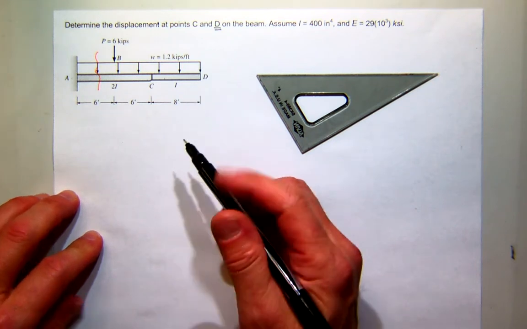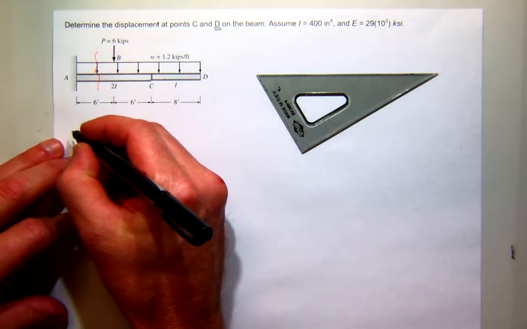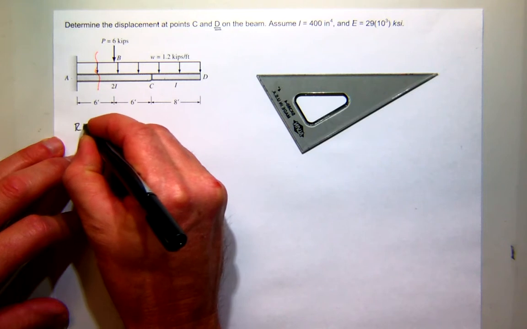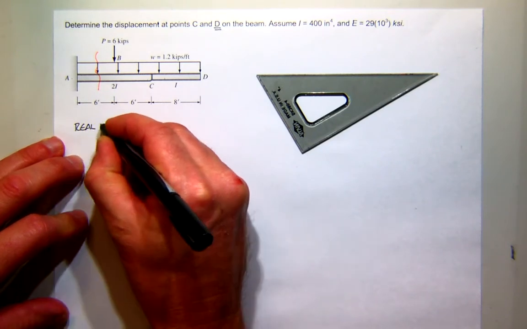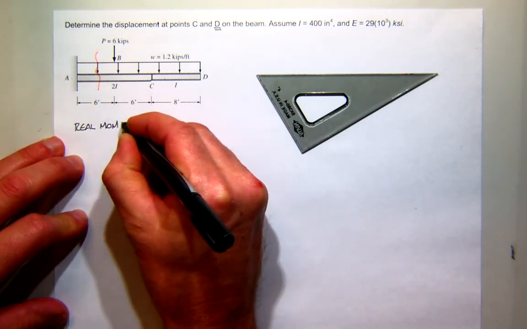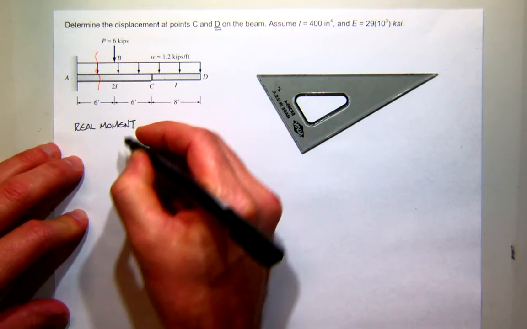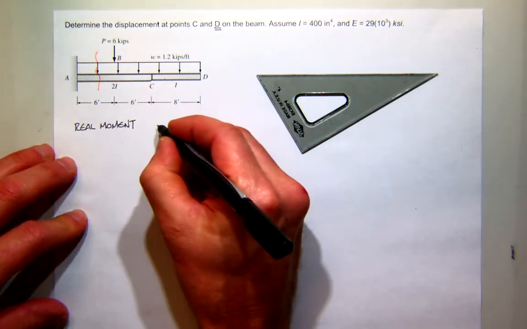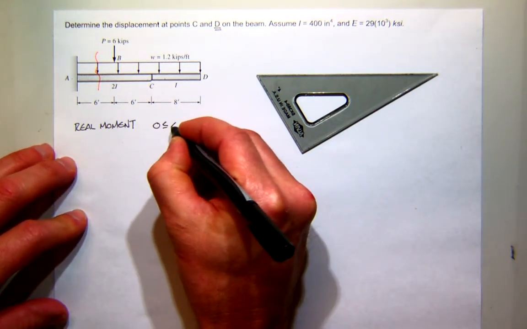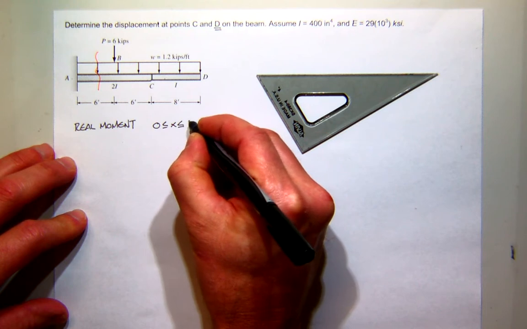You can do that, right? So this will be the real moment. And this first one will be somewhere between 0 and 6.